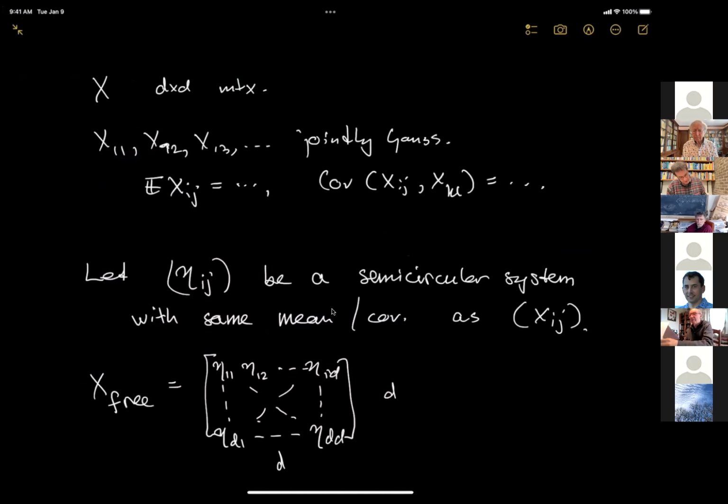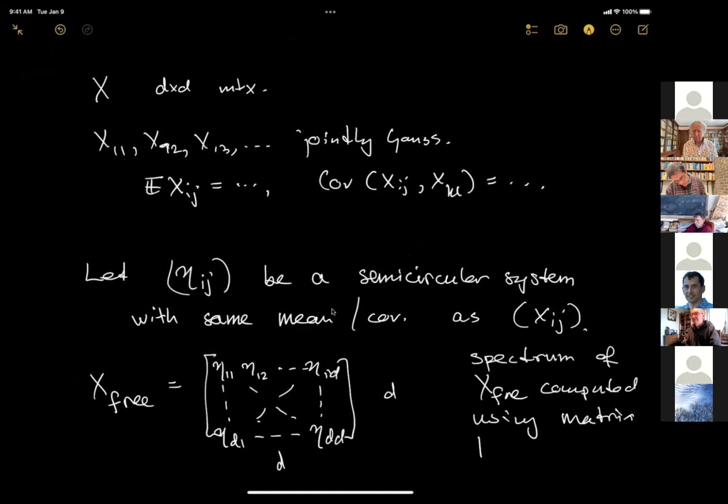So for example, the spectrum of X free can be computed using the so-called matrix Dyson equation, which, if you look at the mathematical physics literature, you will find lots of papers using the same kind of equations to describe random matrices.